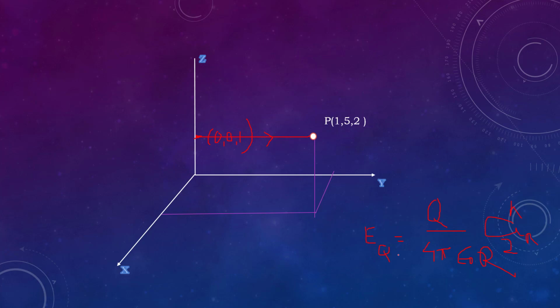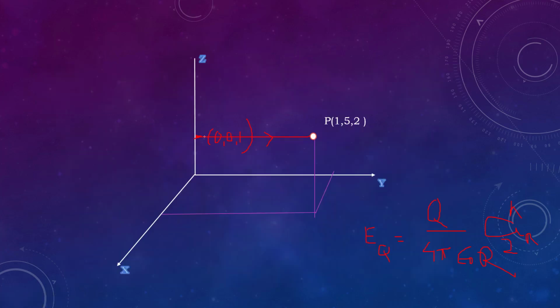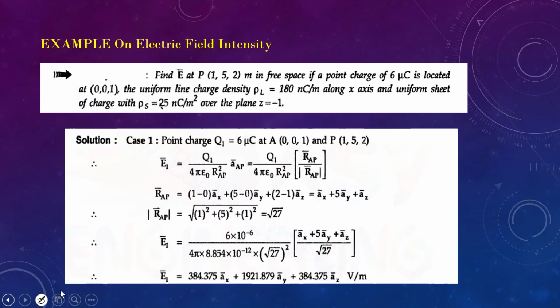We'll use this equation and find the intensity at point P because of this point charge, which is equal to 6 microcoulomb. So the 6 microcoulomb charge is given to us.